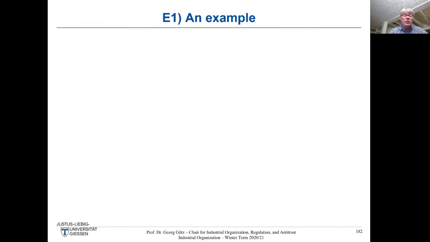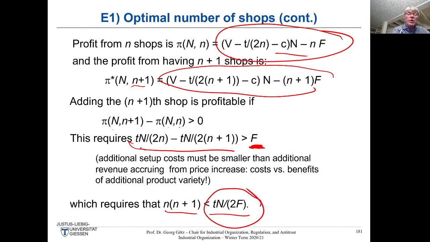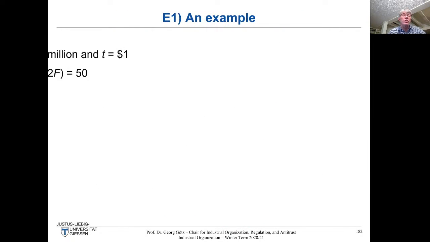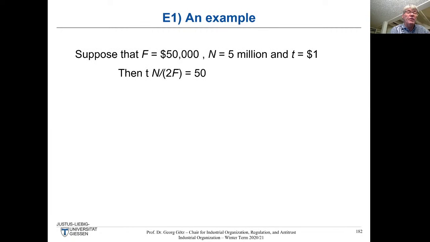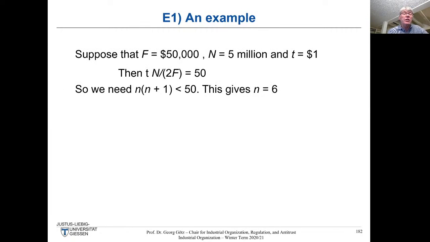Then you immediately get a value for this term. This is simply 50. And so we know that adding another outlet is optimal if this is just smaller than 50, and this gives you just 6, because 6 times 7 is 42. 7 times 8 would be 56.